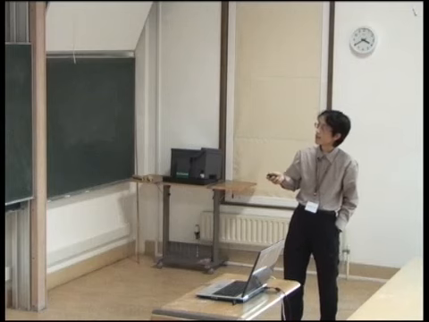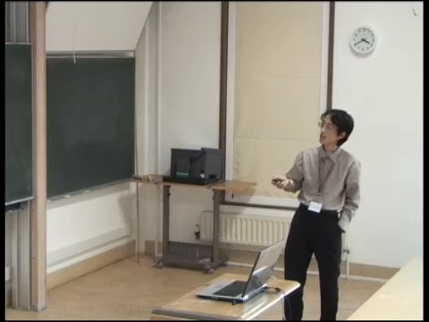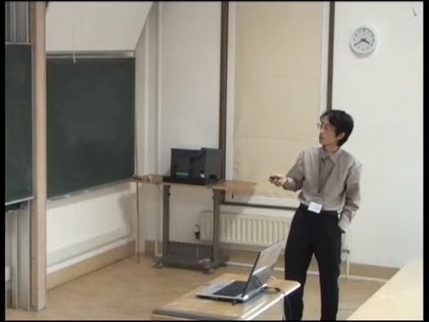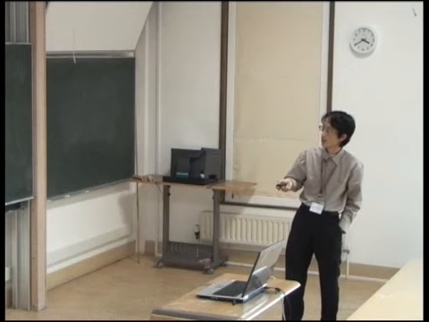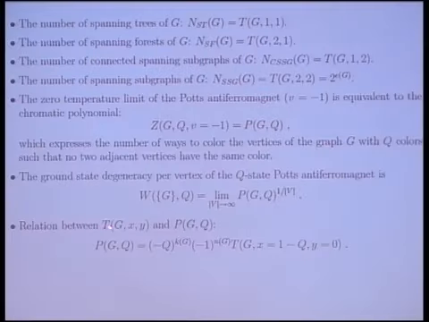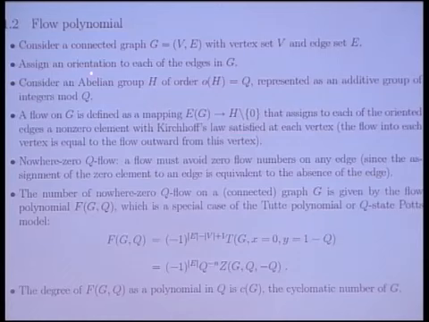And we also know that when v is equal to minus 1, which is zero temperature antiferromagnet, it is equivalent to the chromatic polynomial with no prefactor, so they are exactly the same. And as you just heard, we can define the ground state degeneracy per vertex. There is a relation between the Tutte polynomial and chromatic polynomial if we set x equal to 1 minus q and y equal to 0 with some prefactor. And for the flow polynomial, we consider nowhere-zero flows, and this flow polynomial is a special case of the Tutte polynomial or Q-state Potts model.